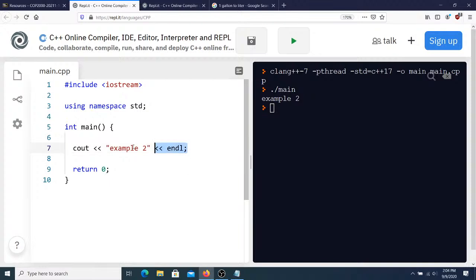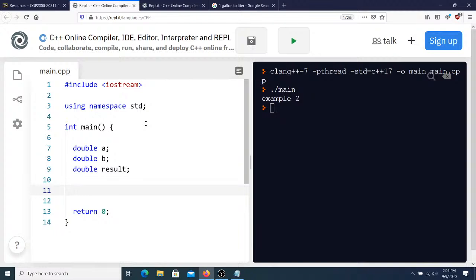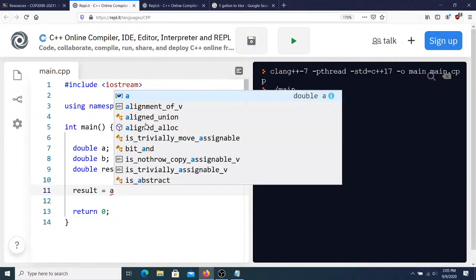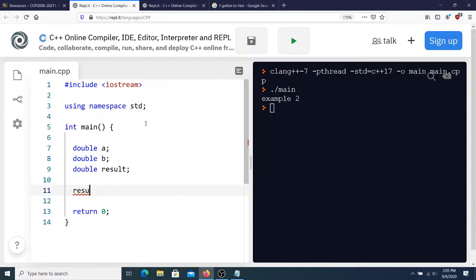Like I said, you can do the hello world if you want, but let's say, for example, I've got two variables, A and B, and another variable called result. And I want to do something very simple. Let's assign it values first.